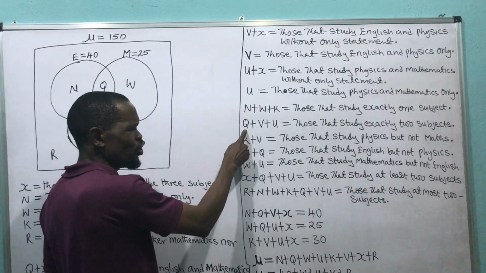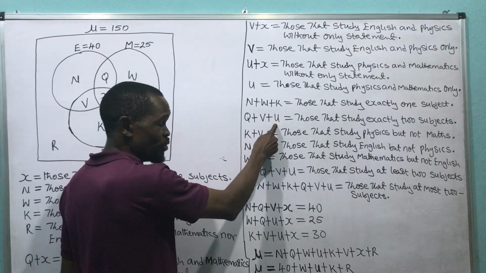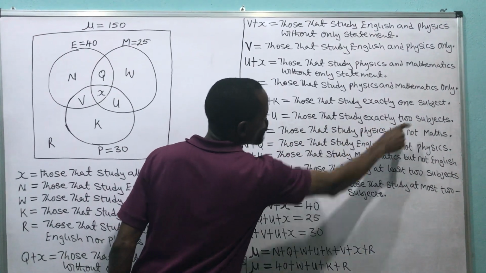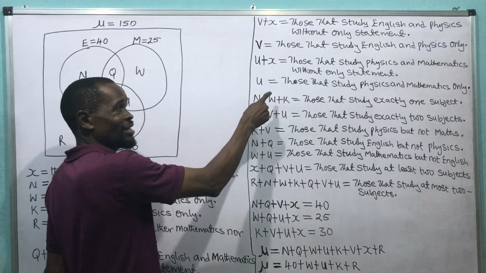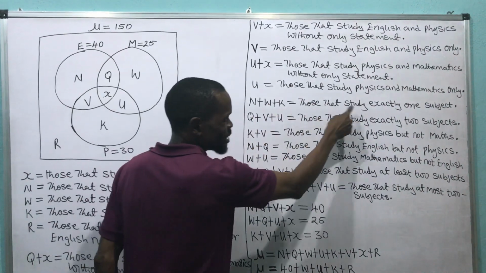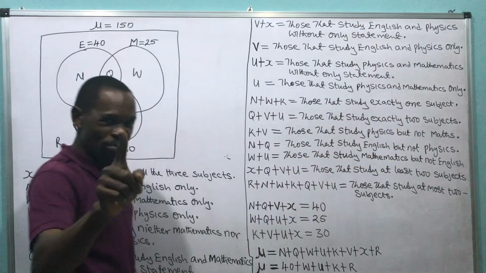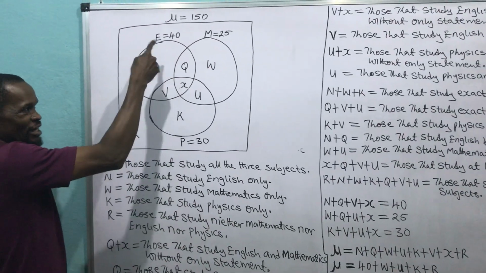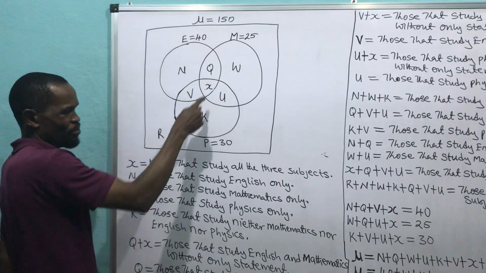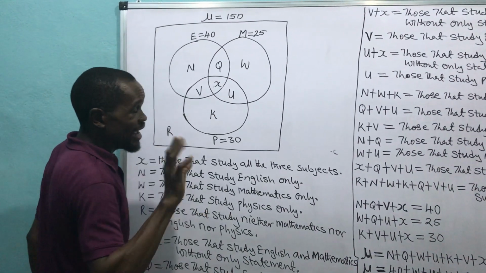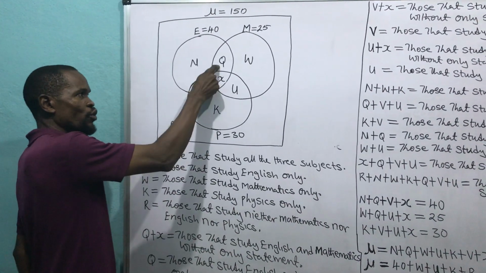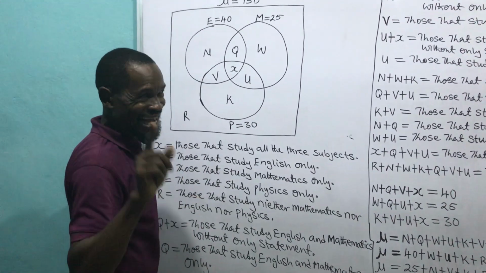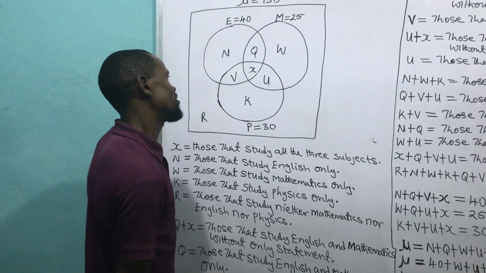I know that is Q, V, U. Q, V, U are those that study exactly two subjects, while N, W, K are those that study exactly one subject. I'm mentioning it here. Come back to the diagram. Look at it. I said N plus W plus K are those that study exactly one subject. Q plus U plus V are those that study exactly two subjects.